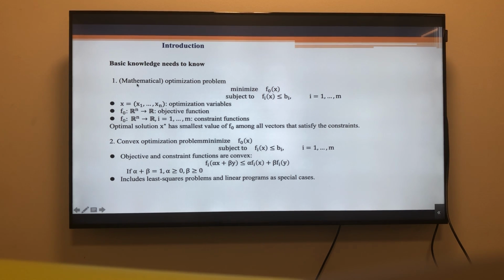The first is the mathematical optimization problem. We need to minimize f0(x) subject to fi(x) less than or equal to bi.